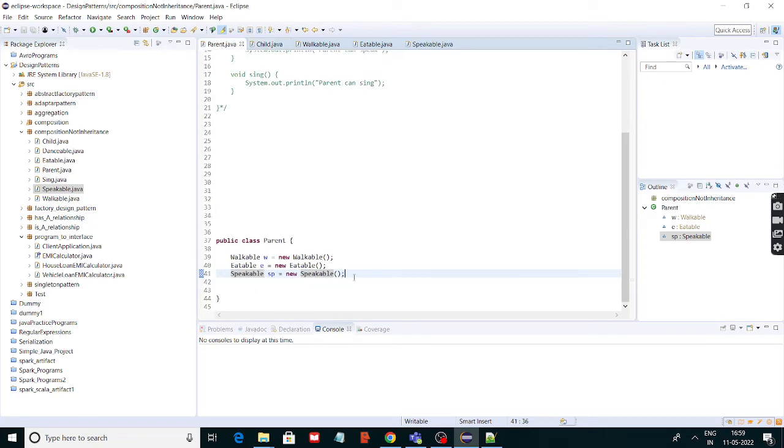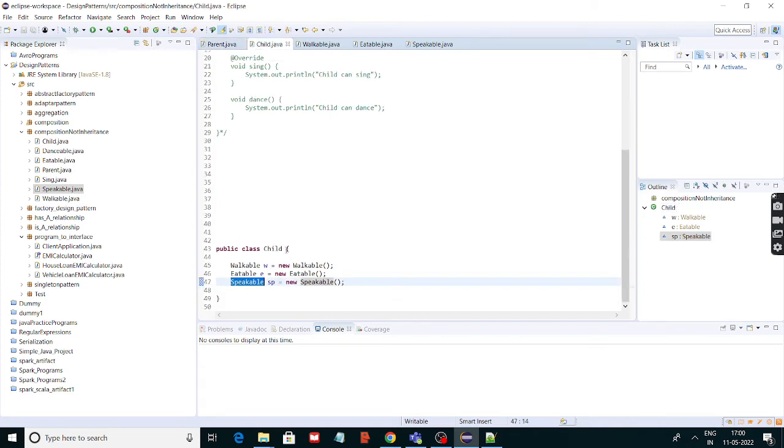Now we have seen in the inheritance example that parent is interested in singing. So let's say we can add it here. Now the parent has adopted the singing skill because he's interested in it.